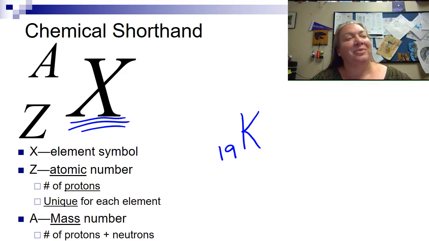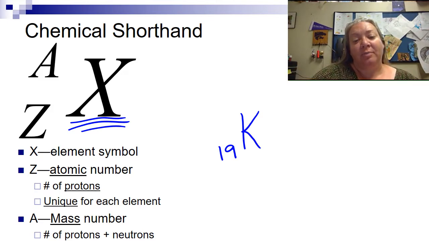That's just the way periodic tables like to write it. When we write it in the shorthand, we're going to write it on the bottom. Now that part I don't have to give you. It's expected that you understand that potassium always has 19 protons. So again, that's the atomic number, unique for every element that we look at.